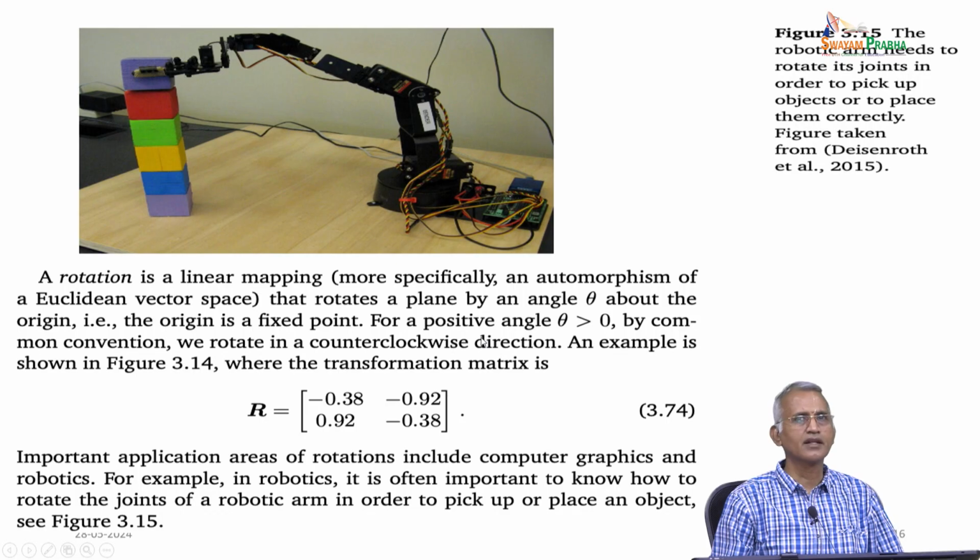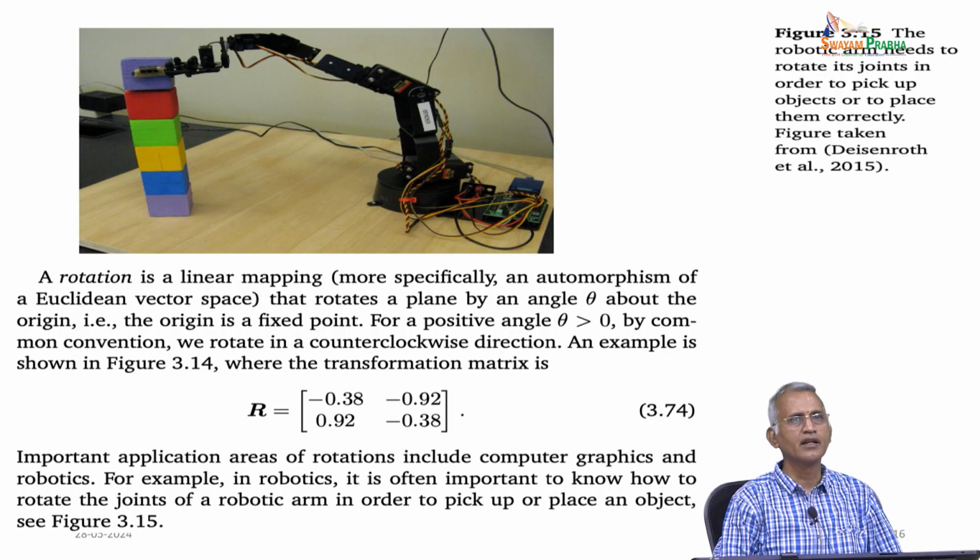So, this is how the robotic arm needs to rotate its joint in order to pick up objects or to place them correctly. So, here we have taken the book by Deisenroth, and the rotation is a linear mapping, more specifically an automorphism of the Euclidean vector space, that rotates a plane by an angle theta about the origin, that is, the origin is a fixed point, for a positive angle theta greater than 0 by common convention.